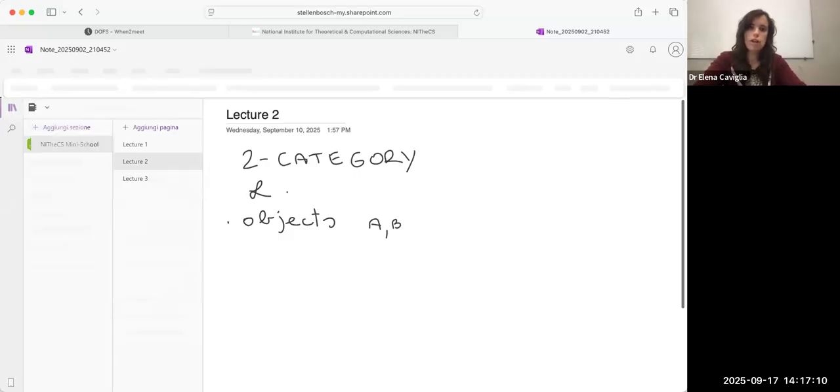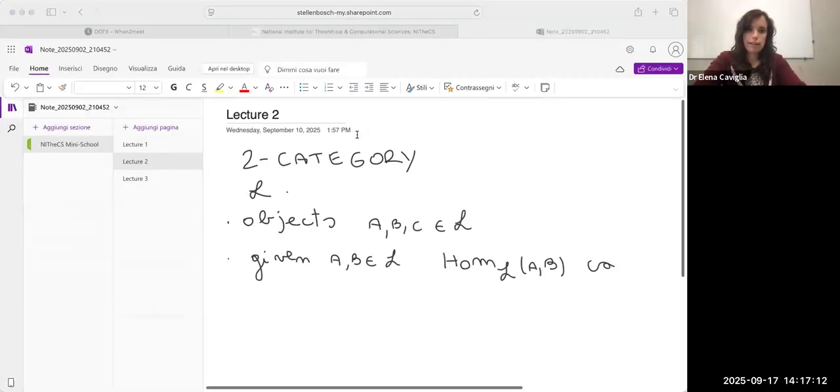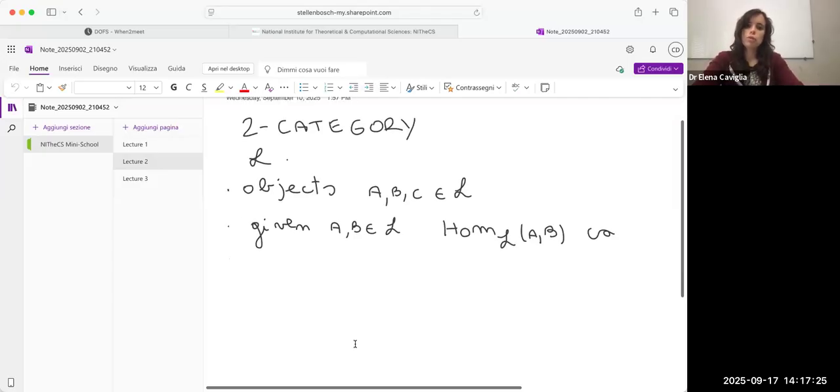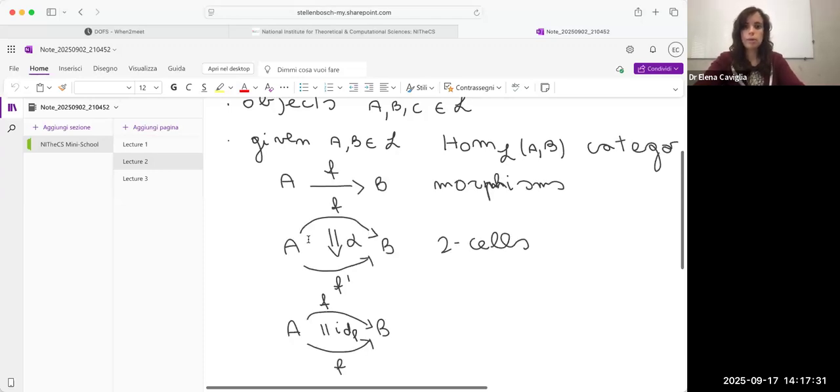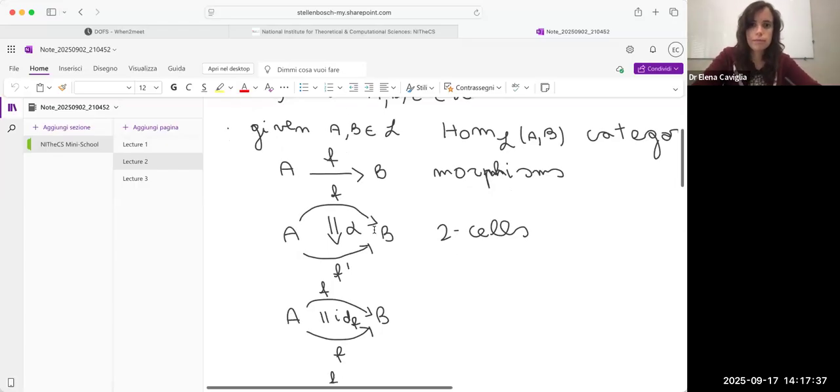So it's not true anymore that F of G composed with H is equal to F of G composed with F of H, but it's only true up to isomorphism. And the same for identities. So identity is now preserved only up to isomorphism and not on the nose.